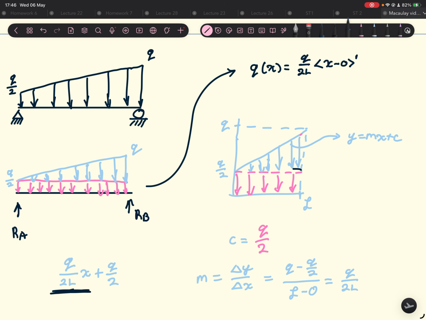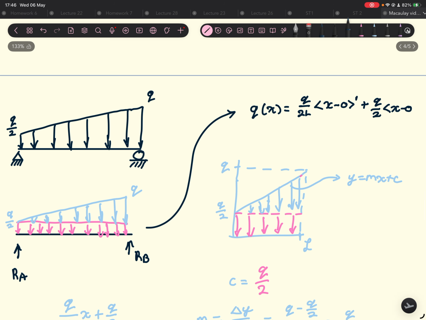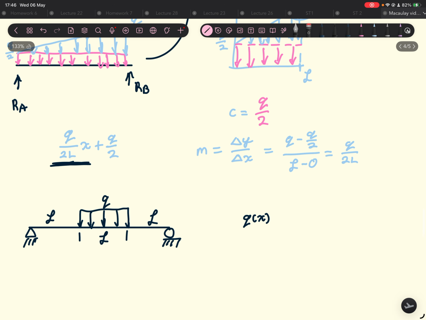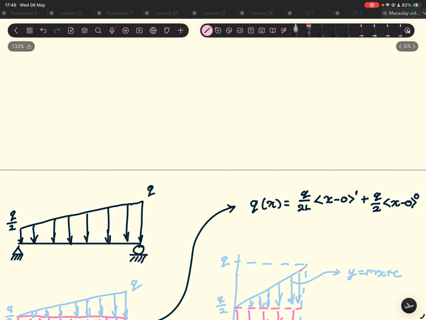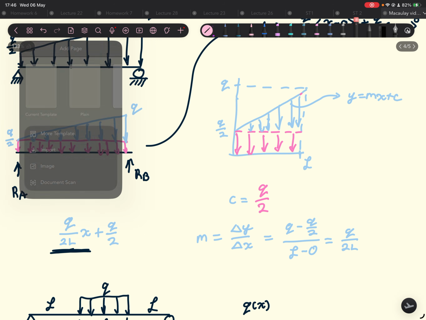Then for our constant part, we could also express it in Macaulay brackets by saying plus Q over 2 times x minus 0, because the constant part starts at 0, and then all of that to the power 0, because this part is constant. Now, if you had a case where, let me see if I can think of another case.